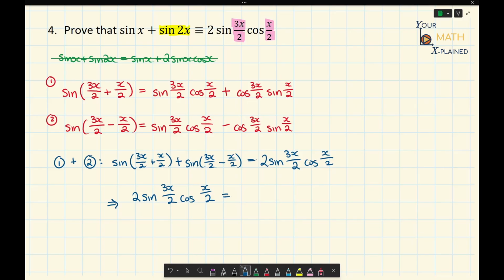So then this is equal to sine of 4x over 2, which is just 2x. And then the second term is going to be sine of 2x over 2, which is just x. And that is now what we have right over here. So thus, we have now proven this identity.